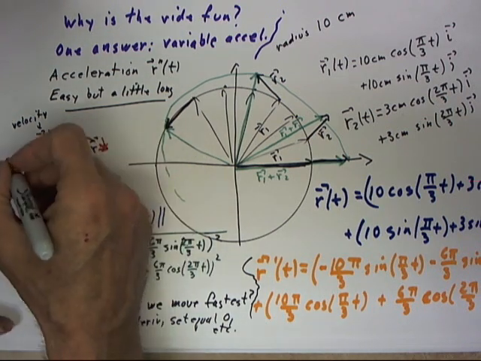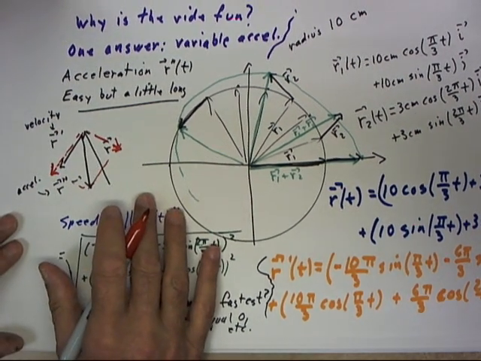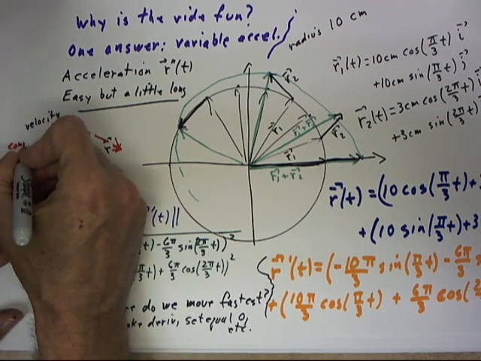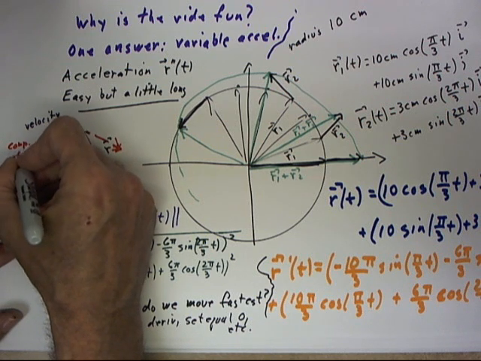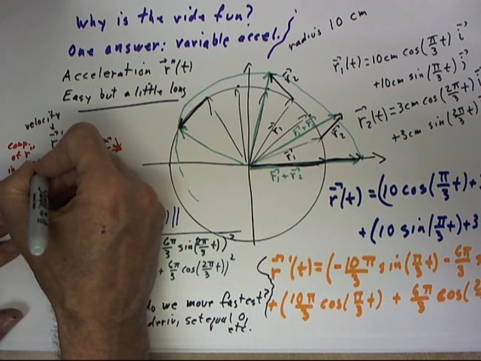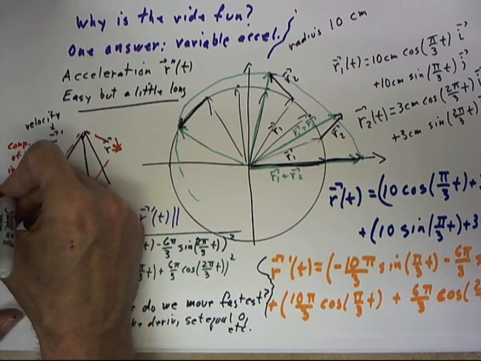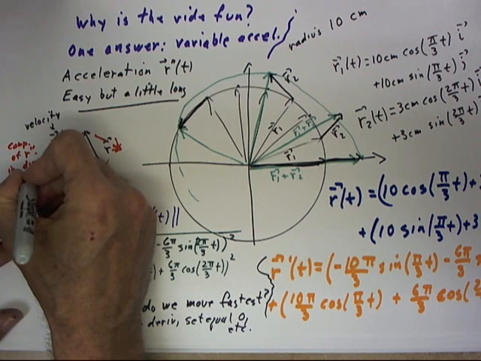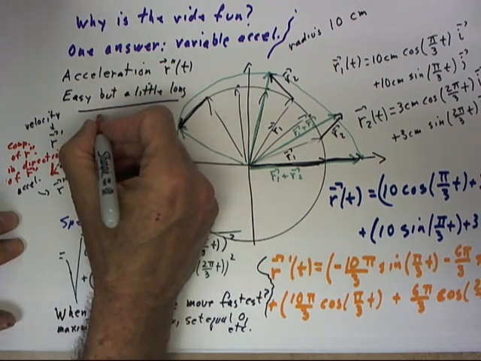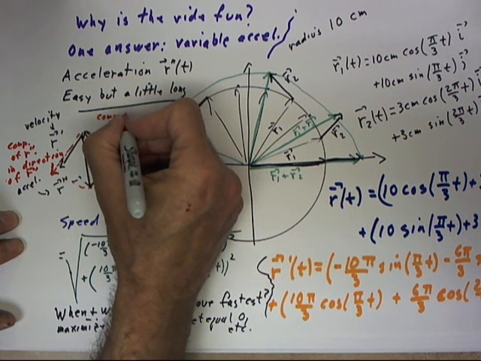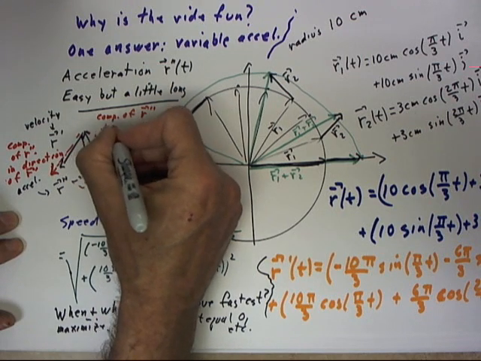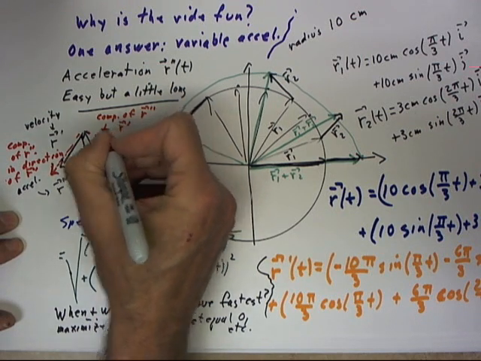So we have the component of r double prime in the direction of r prime, that would be this vector, and the component of r double prime perpendicular to r prime.